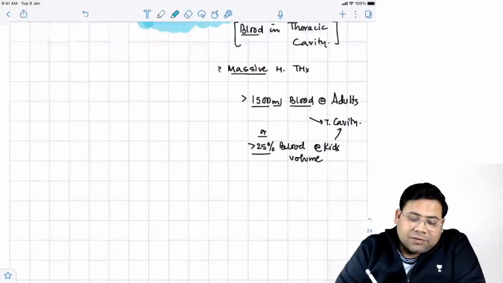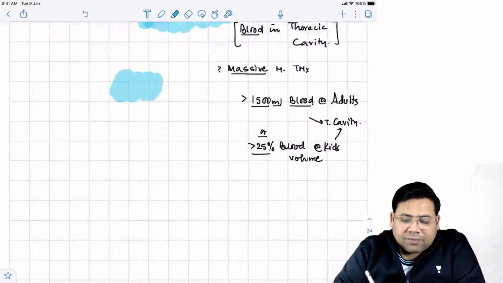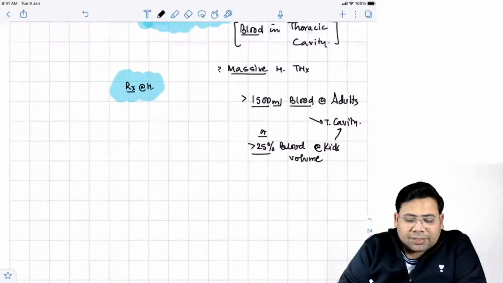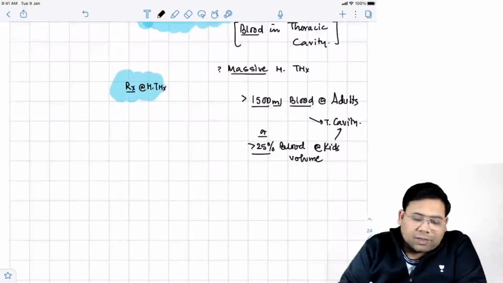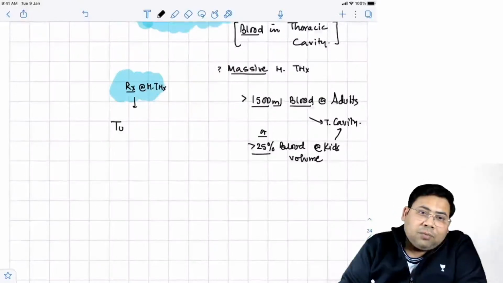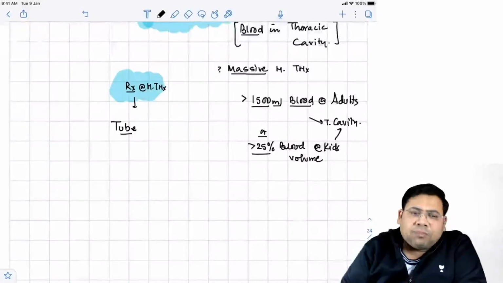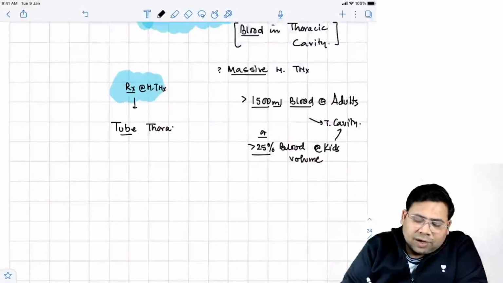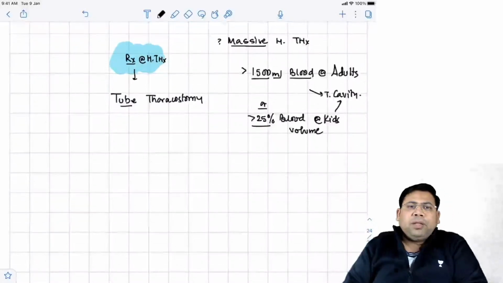What is the treatment of hemothorax? This is the same as the treatment of pneumothorax, and that is tube thoracostomy. Just put a tube, allow the blood to come out. And where do we do this tube thoracostomy?